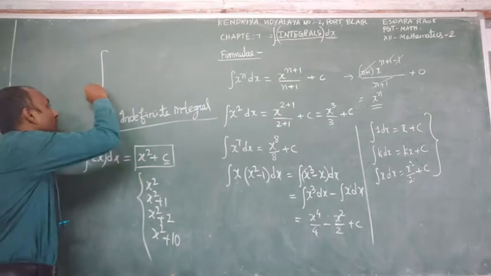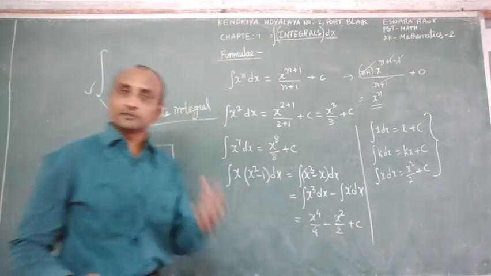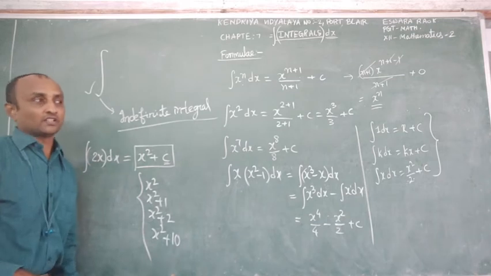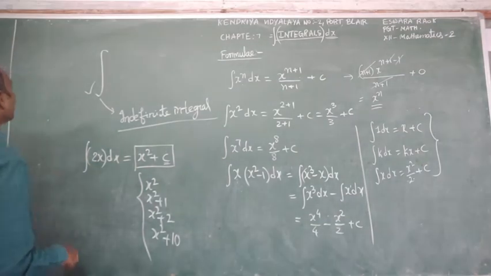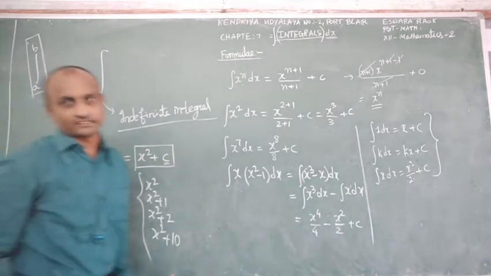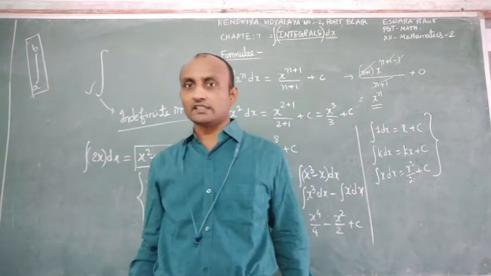That's why the process of finding the integration with plus c, whenever you are getting an answer, is called indefinite integral. Then what is definite integral? Finding the definite integral is nothing but you will be given limits, integration from a to b. Such things will be discussed in later classes. There are two kinds of integrations we have: one is indefinite integral, another one is definite integral.